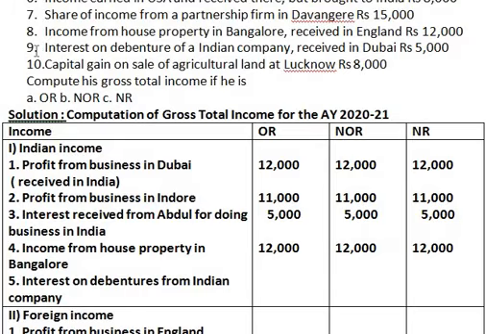That is the reason, see the 9th point in the sum, interest on debenture of an Indian company received in Dubai of rupees 5,000 is taxable in all the columns. So we are taking 5,000 in all the columns. Note down 5,000.